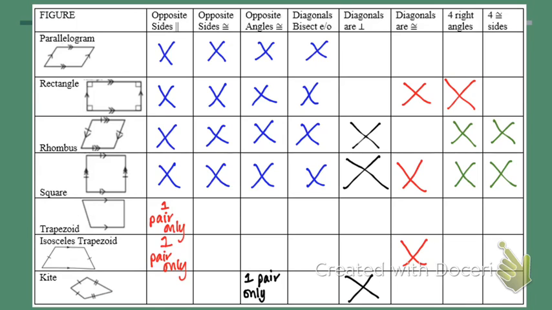And then four right angles is only going to be a rectangle. It's not a rhombus, so let's erase that. And it's a square. And then four congruent sides, we know that's a rhombus and a square.